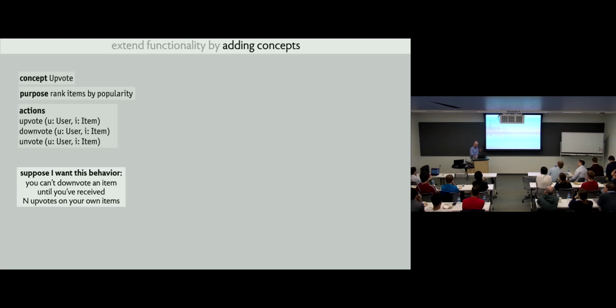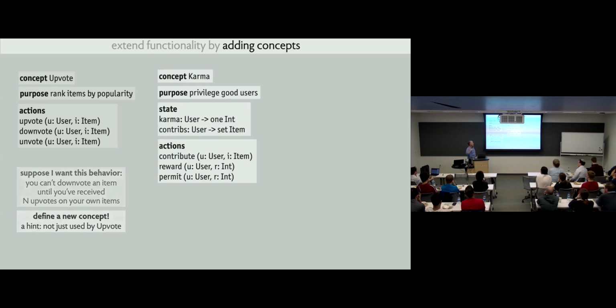And so that motivates the idea to say, well, maybe there's another concept at play here. And what you do in concept design is you ask yourself the question, is there already a concept for that? And indeed there is. That concept is the karma concept.